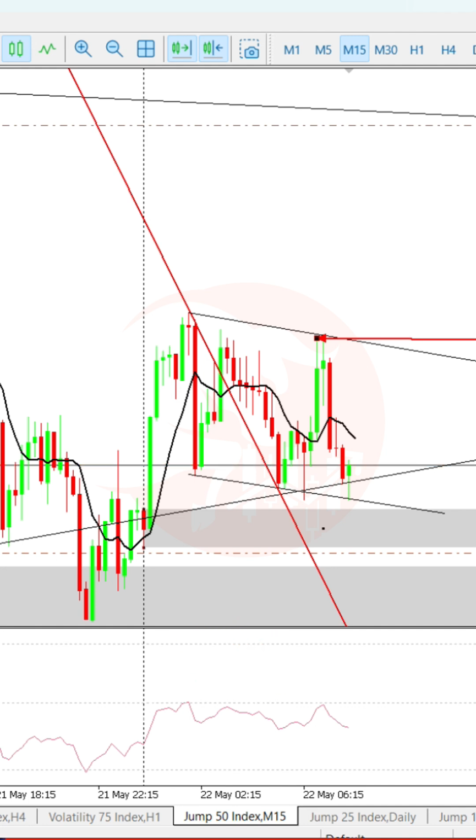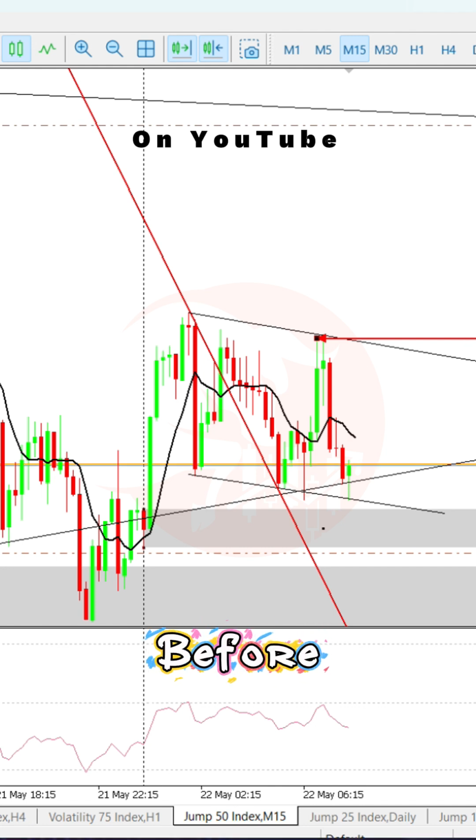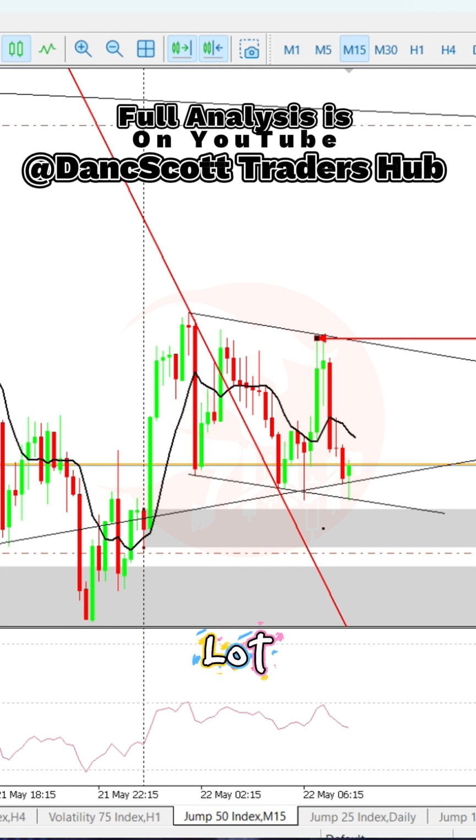This is Jump, so you need to calculate and know how much you need to risk on each trade before you anticipate lot size, because the higher the lot size, the higher the risk. So you need to know your risk tolerance per trade before you use a lot size.